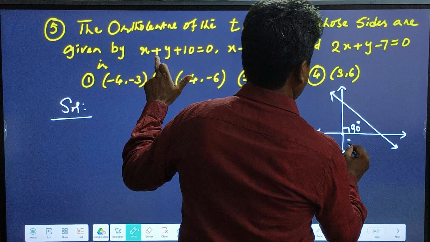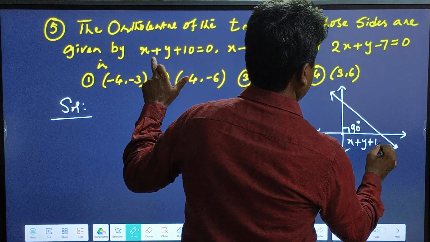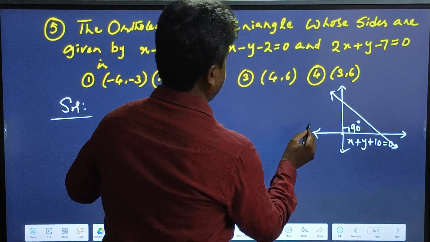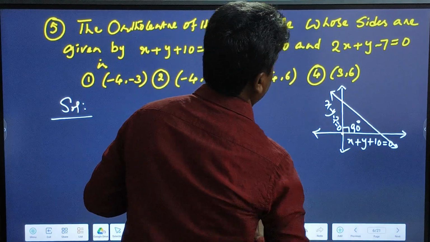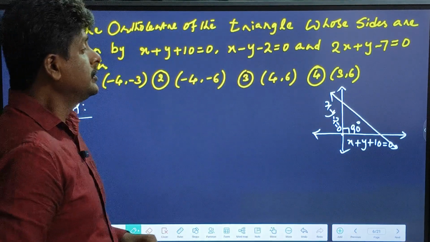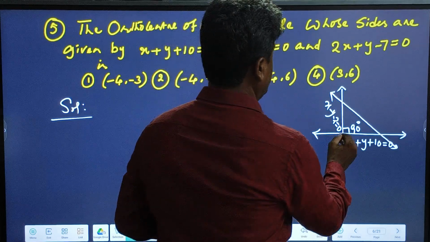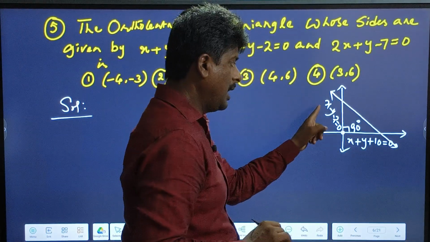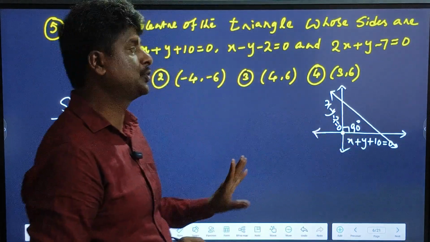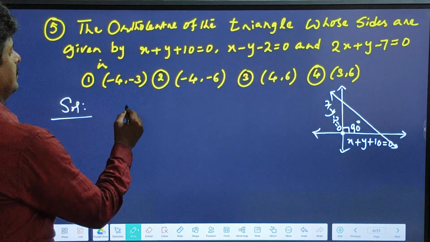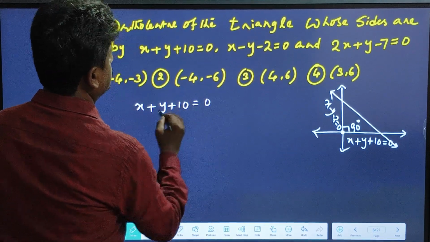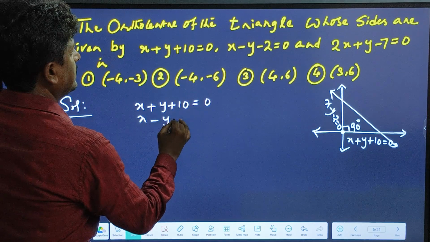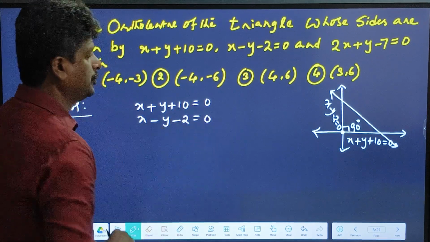For a right angled triangle, the orthocenter is the vertex at right angle. So the vertex at right angle is obtained by solving these two lines. x plus y plus 10 equals 0, x minus y minus 2 equals 0.